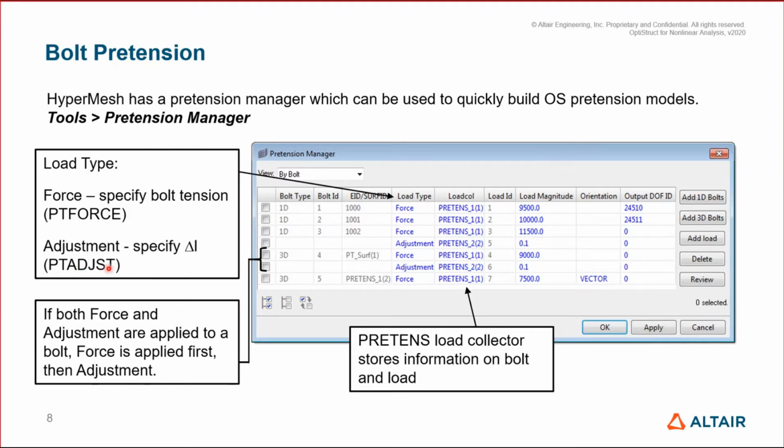We can either apply a force, where you put in the magnitude, or we can apply the shrinkage, meaning how much the bolt shrinks or displaces. So pretensioning can be done in two ways, either by force or by length adjustment.